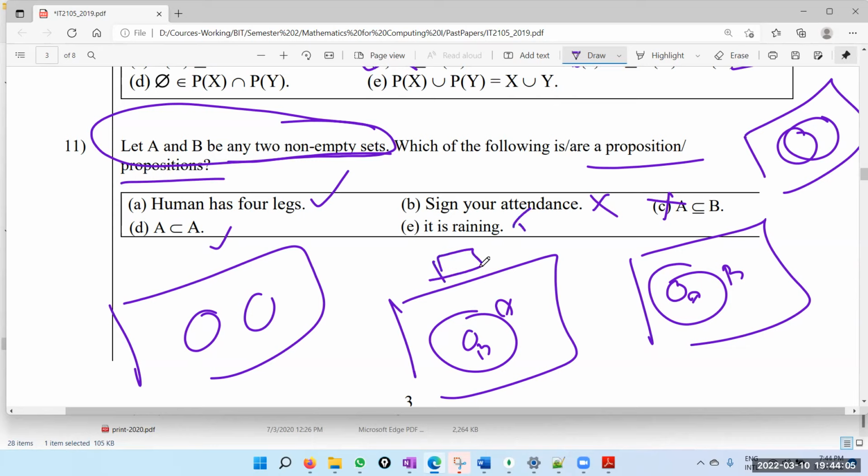Assume that now it is not raining, then this is false. But depending on the situation, it can be true or it can be false. Depending on the situation, right? But if you have a given situation, this is always true or always false for that situation.